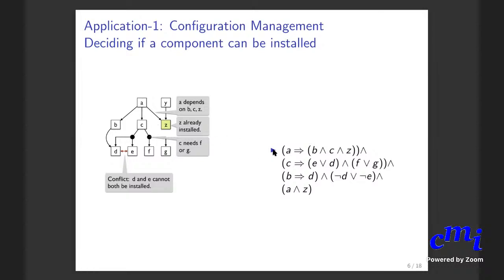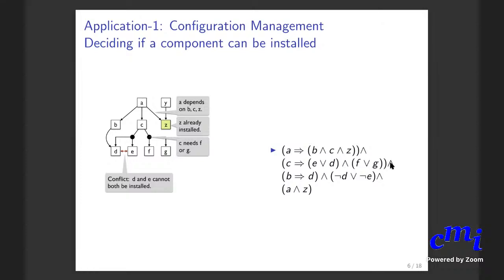So the dependency that A depends on B, C, and Z can be modeled as an implication. That is, for A to be installed, you need B and C and Z to be installed. But for C, what you need is either E or D, as well as one of F or G, and that's this constraint.